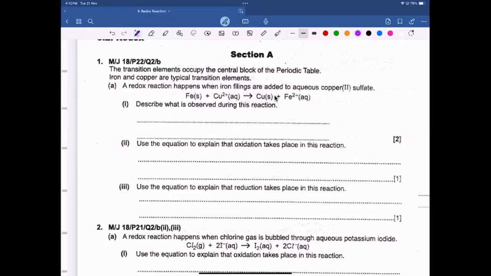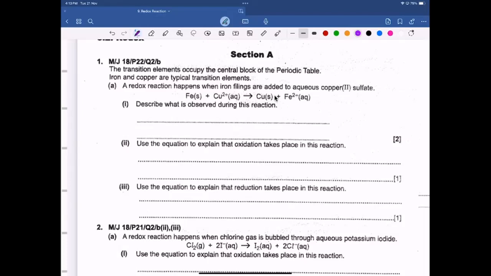From now onwards, when we are doing the past papers, you are not going to write or state reduction or oxidation as a loss or gain of hydrogen, because it is now excluded from the syllabus.